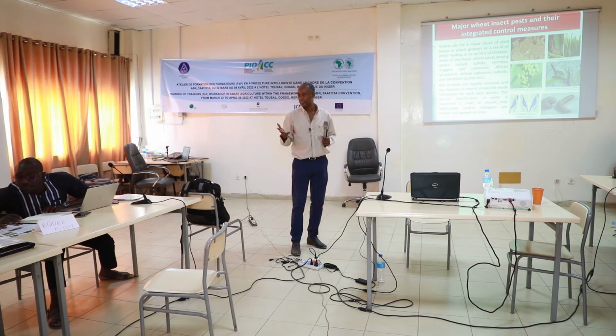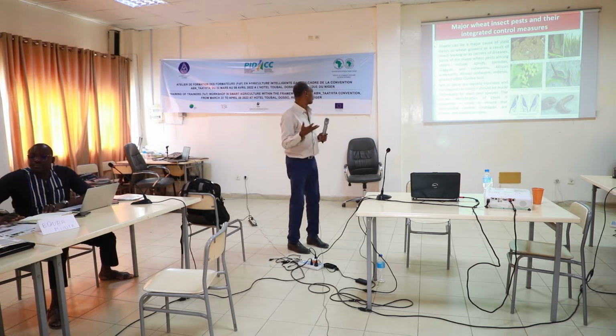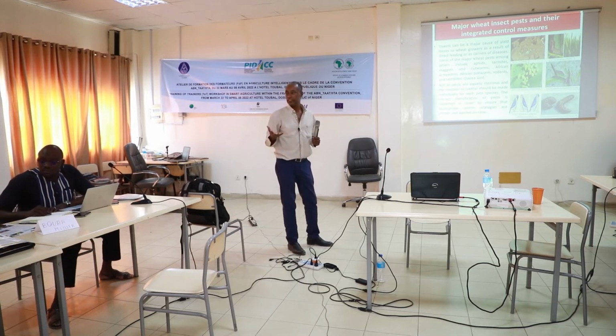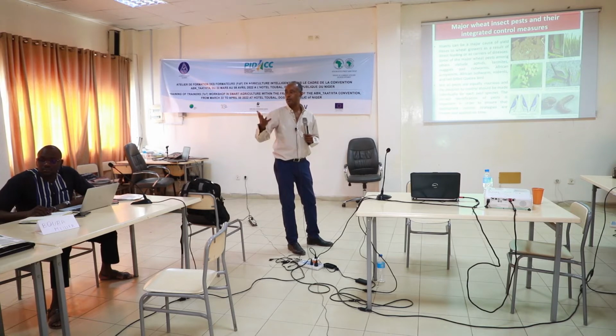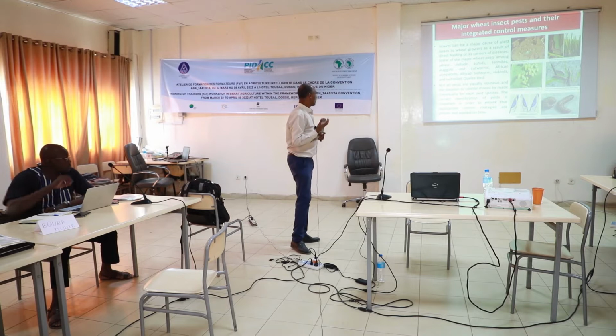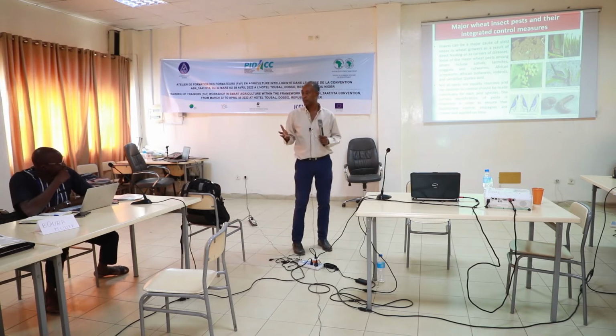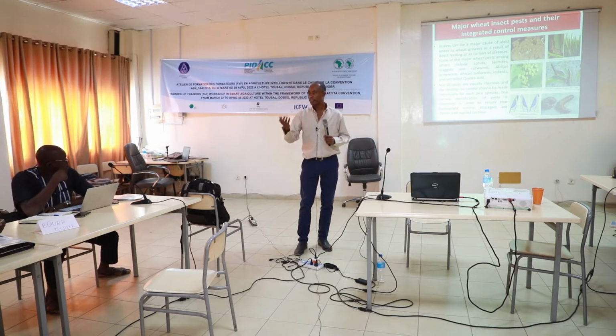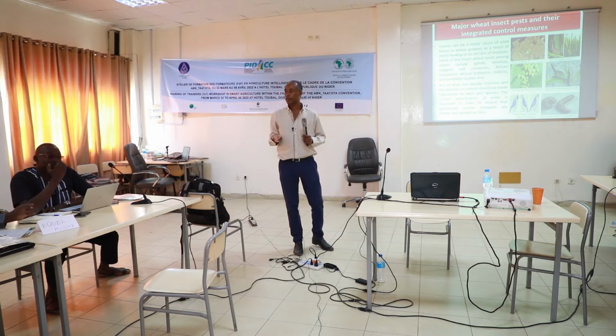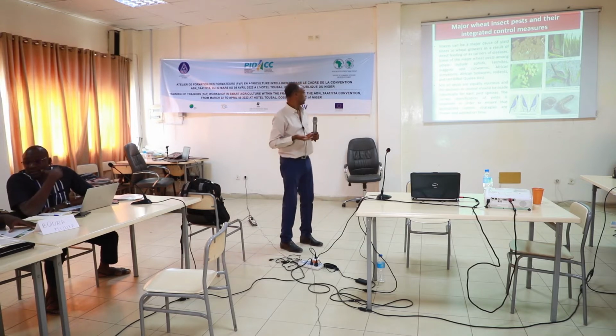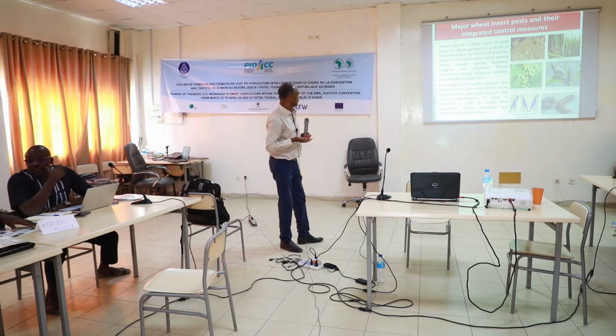I think you know aphids, yes? Termites. I think you have in French termites, yes? Maggots and cutworms. Usually cutworms you treat by treating the seed with fungicide. So cutworm is the one which is cutting the stem of the plant.